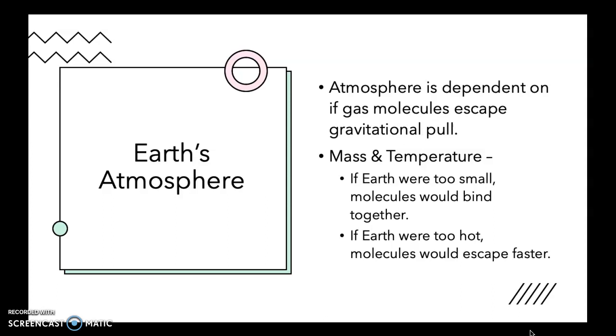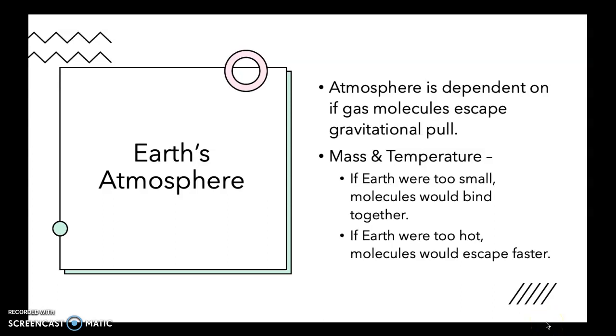And so Earth has the perfect kind of mass and the perfect kind of temperature that creates the gravitational pull that it needs to maintain an atmosphere that is habitable. So if Earth were too small, the molecules would escape, and if Earth were too hot, molecules would escape faster, therefore making the atmosphere unstable for life to live on that planet.